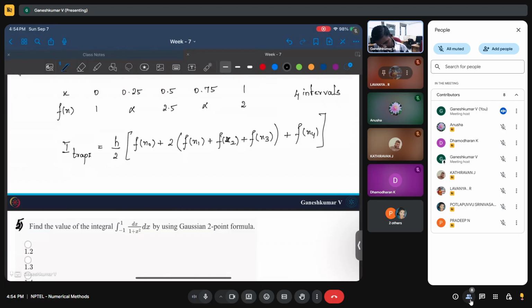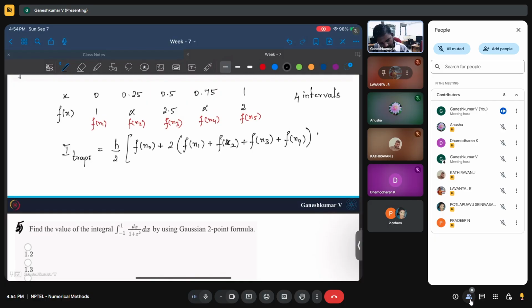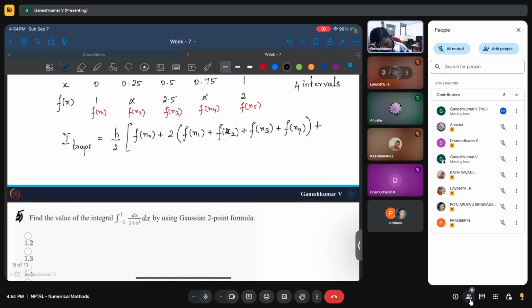All the internal points will be multiplied with 2, and all the boundary points will be substituted separately.